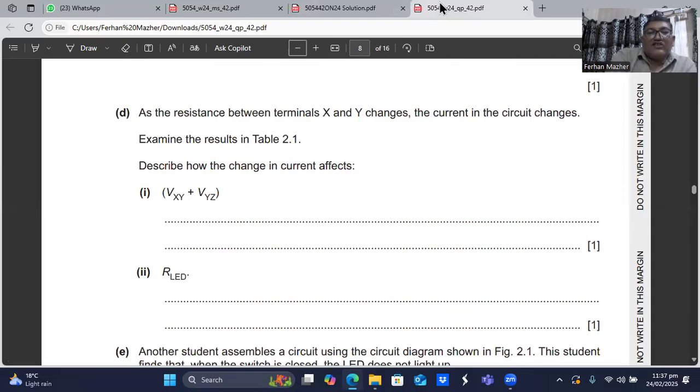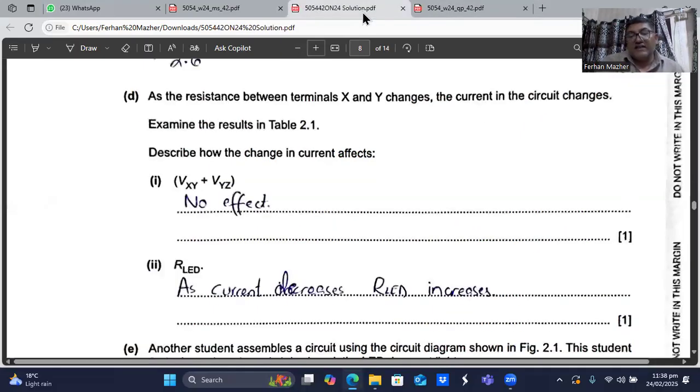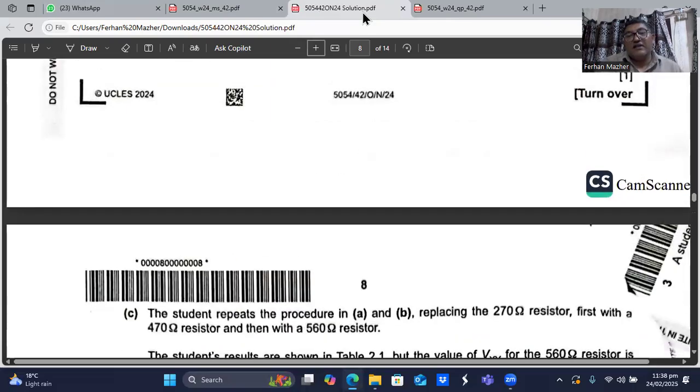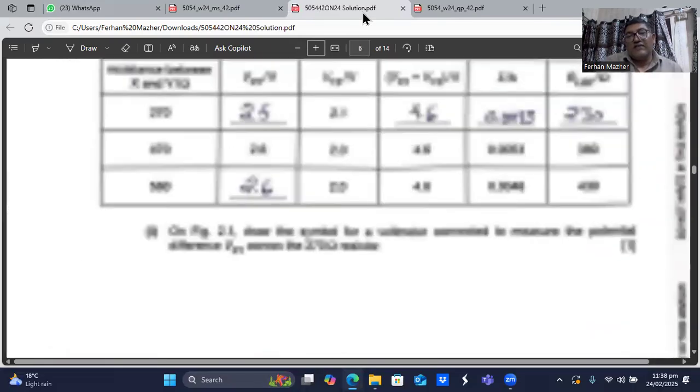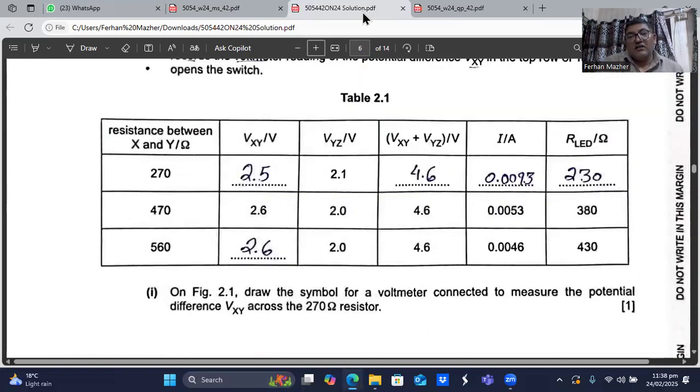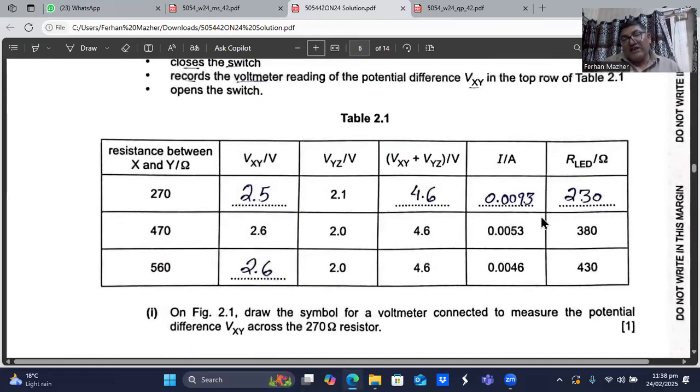Okay, then their question is, when the current is changing, what is the effect on the resistance of the LED? What is the effect of this on the LED? Look at the table. We have to look at this table. As you see, the current is decreasing, and the resistance of the LED is increasing.